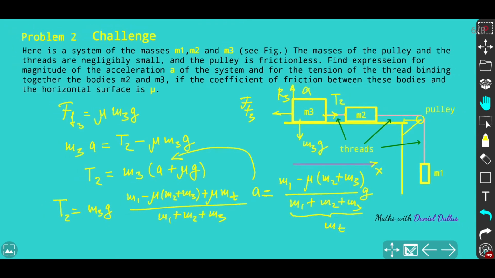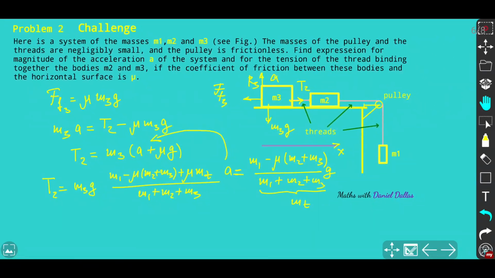So for the final expression for the tension force, mu times m2 and m3 will be partially cancelled, because if we start expanding the brackets, we'll cancel this part, and we'll be left with the following: m3g times, what will be on top is simply m1 times 1 minus mu.